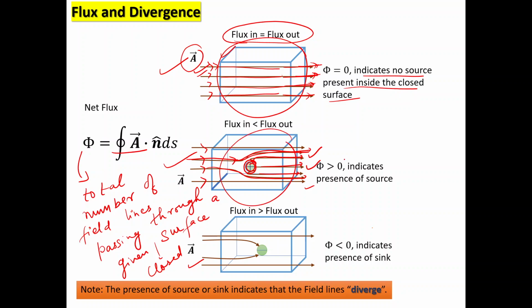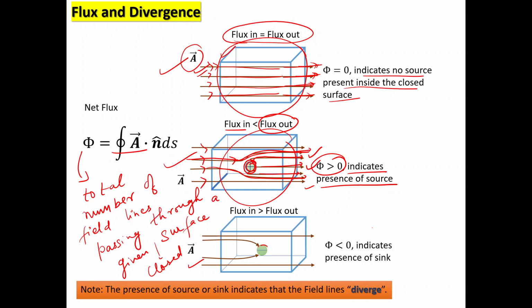That means the net outward flux in that case will be positive, because the flux out is greater than the flux in, and this will indicate the presence of a source inside the volume.